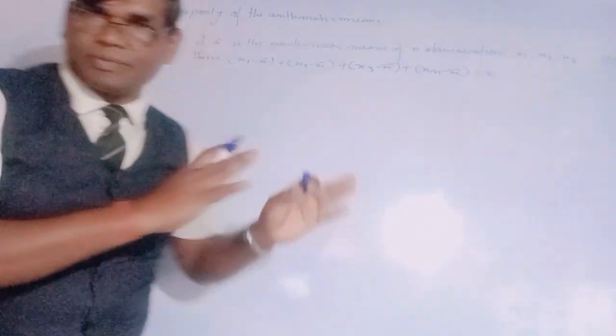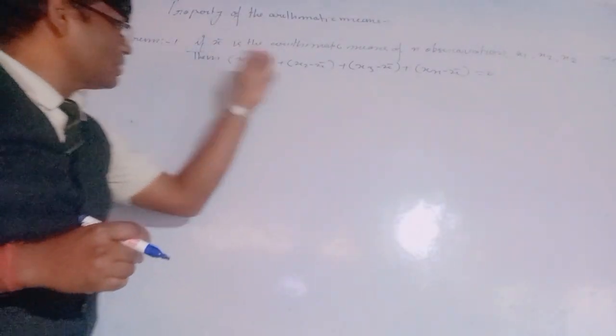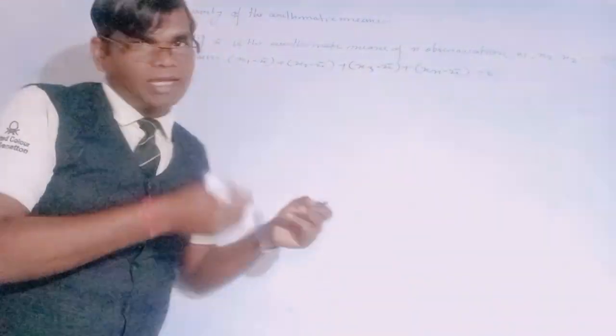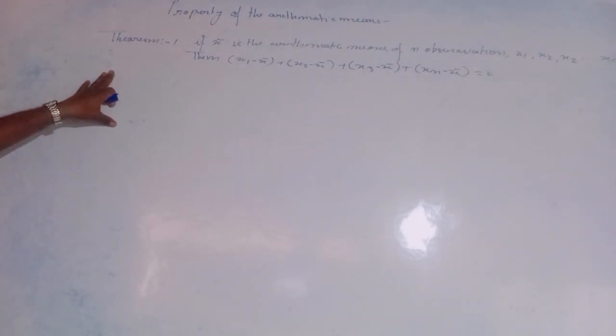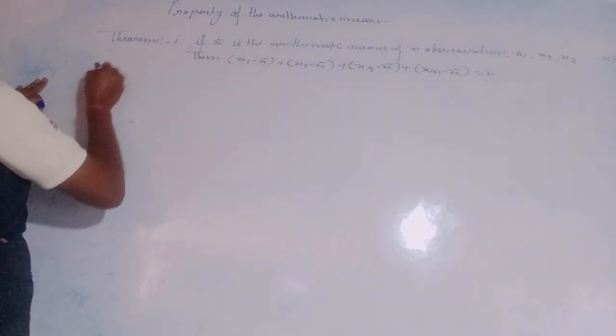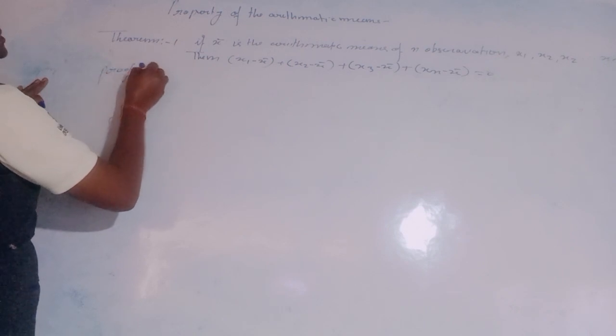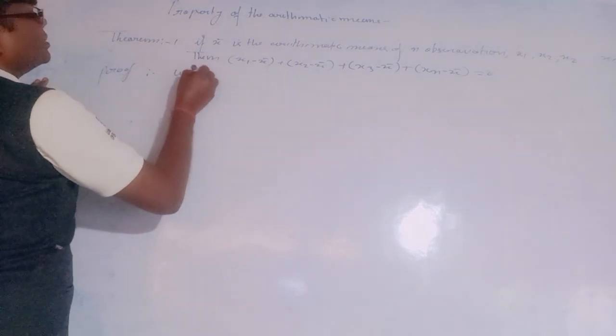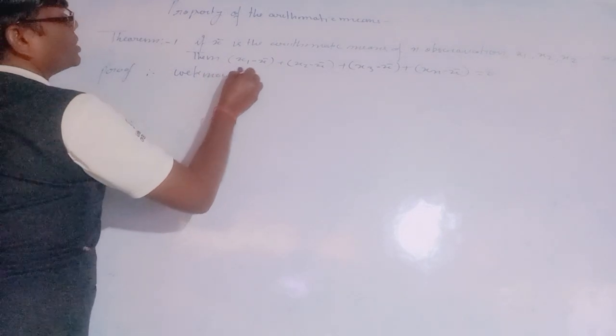So we derive the formula with the help of that. If the arithmetic mean of the n observations is given, we can calculate the other numbers. Here is the proof.